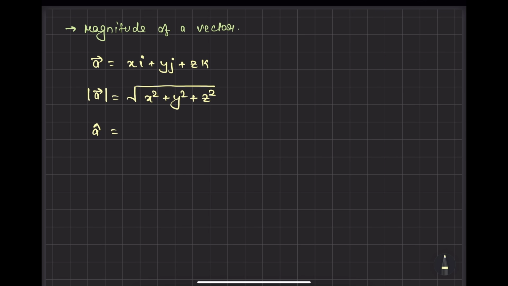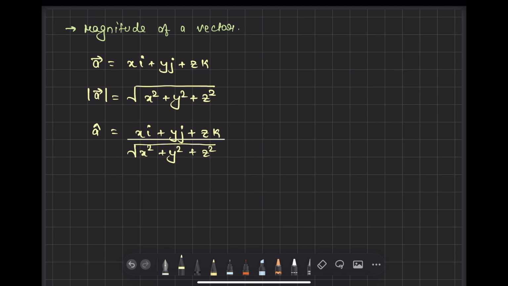So if we have a vector xi plus yj plus zk, this vector contains magnitude and direction. If I divide this entity by the magnitude, root over x square plus y square plus z square, this will have only direction. So this is your direction vector.